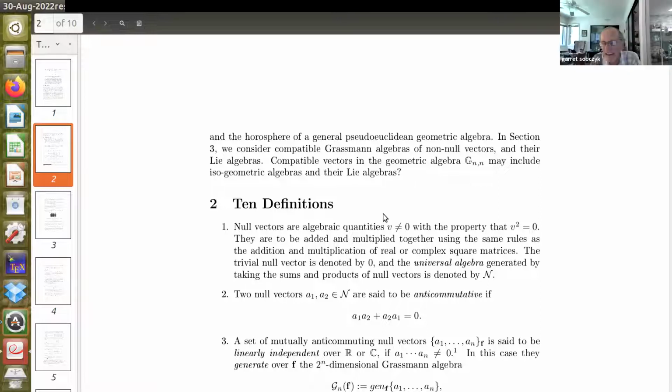So, wait a minute. Let's look at a Clifford algebra. We know it's a graded algebra, consisting of vectors, bivectors, trivectors, and so on.